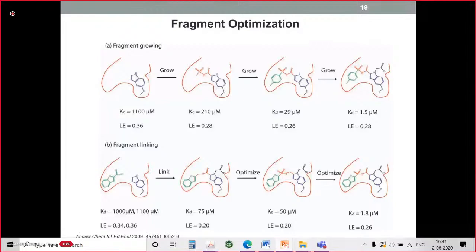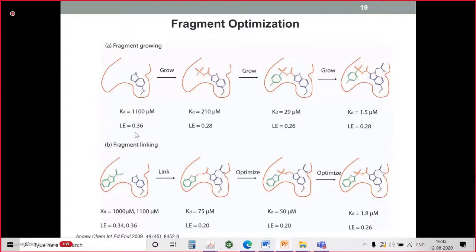to the first fragment. So in this picture, the initial fragment is selected and its affinity, or you can say dissociation constant, is determined. Also, you can calculate the LE, that is the ligand efficiency.